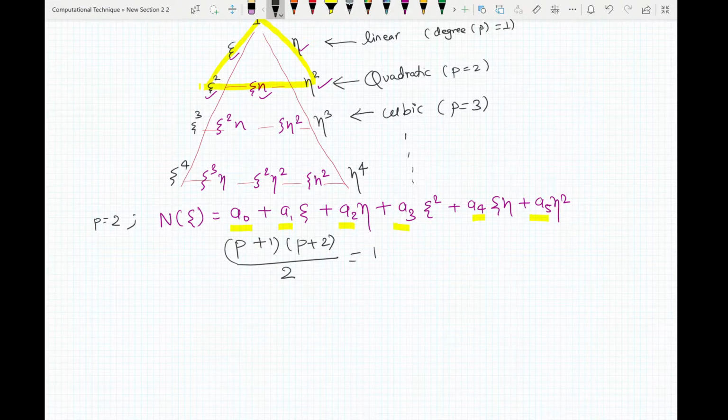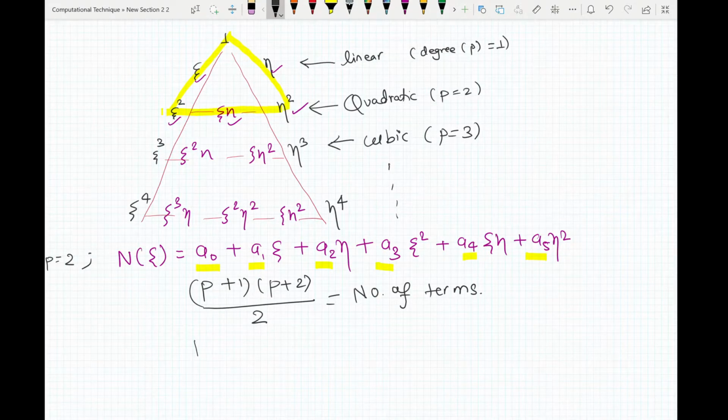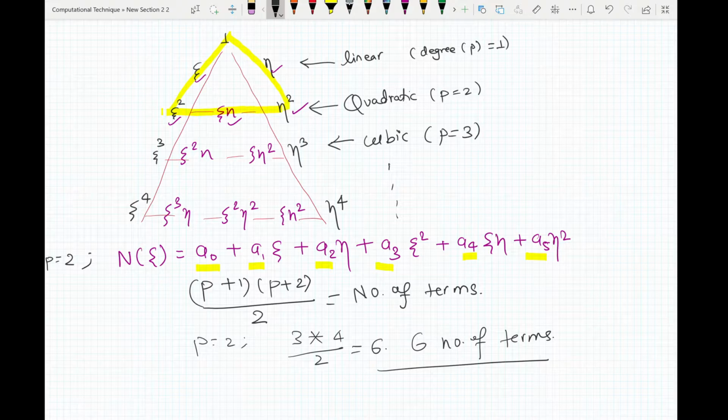So this will be your number of terms. If p equals 2, then it will be 3 into 4 by 2, which gives 6. Now there will be 6 terms to make these shape functions complete.